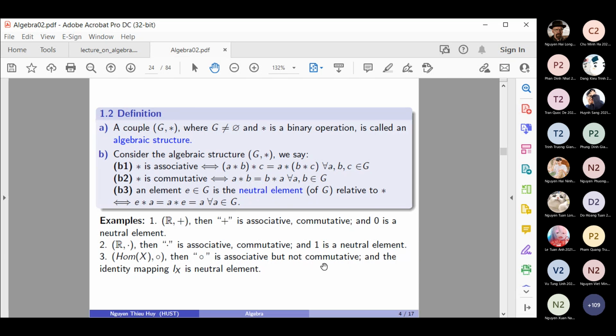Generally, it's not commutative because when you change the order of f and g, generally they are different: f composed with g is generally different from g composed with f. And the identity mapping I_X is the neutral element. This is why I already reviewed the inverse mapping at the beginning, so later on we will return to that kind of inverse.